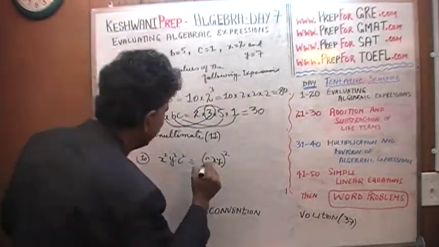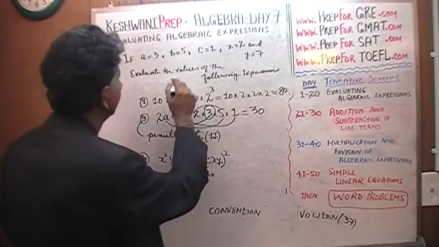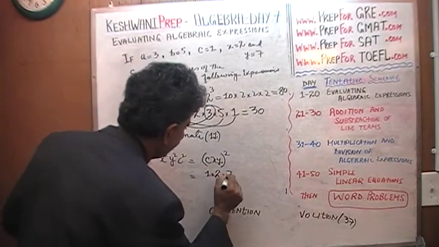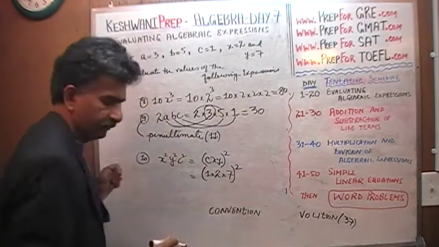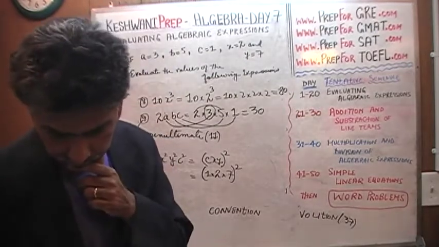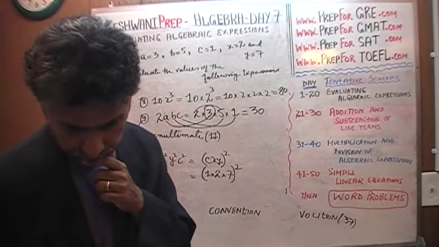C is 1, x is 2, y is 7. So basically here what we're being asked is 14 squared. We have to figure 14 squared? It is 14 squared.